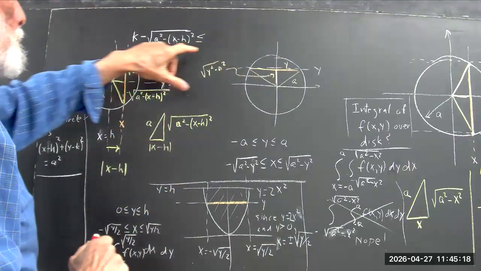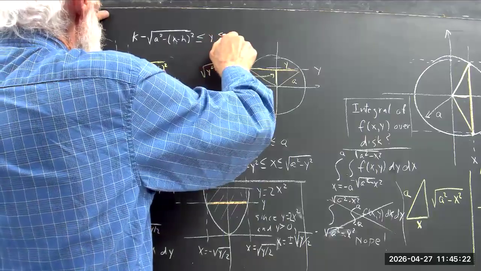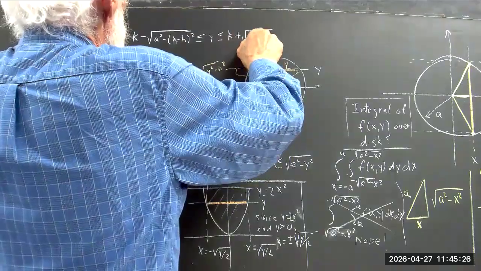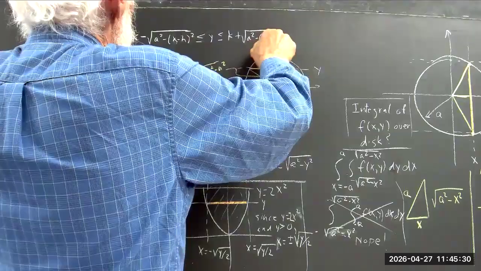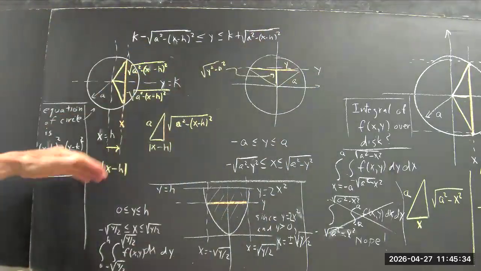If we include the boundary, we can use less than or equal to y, which is less than or equal to k plus the square root of a squared minus x minus h squared. And we get that directly from the picture.